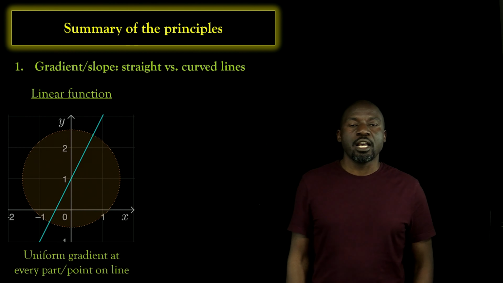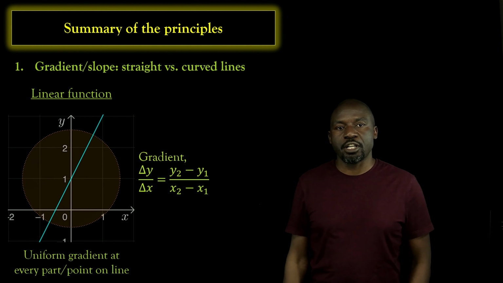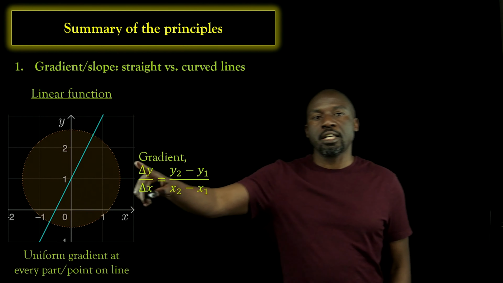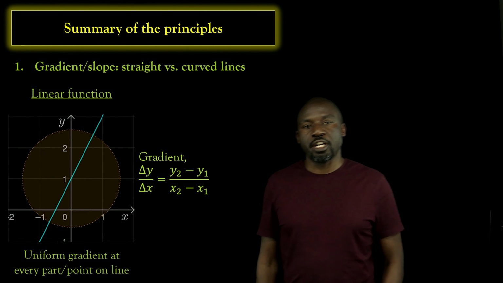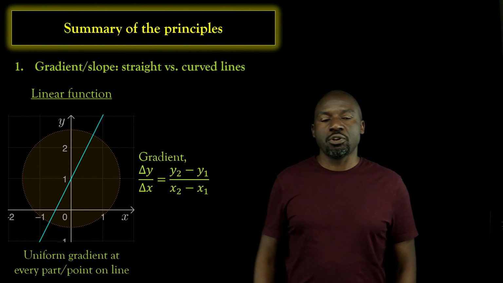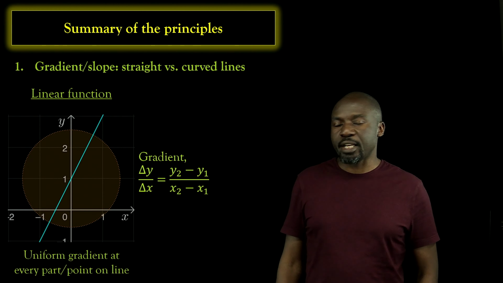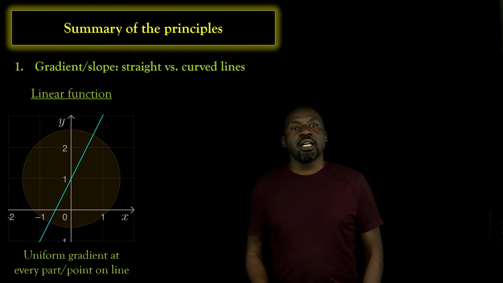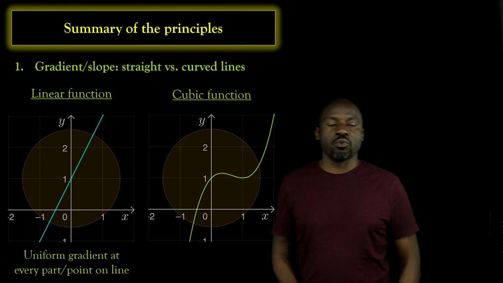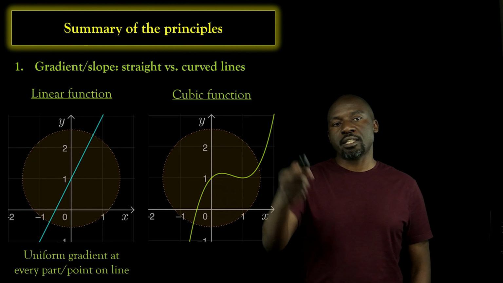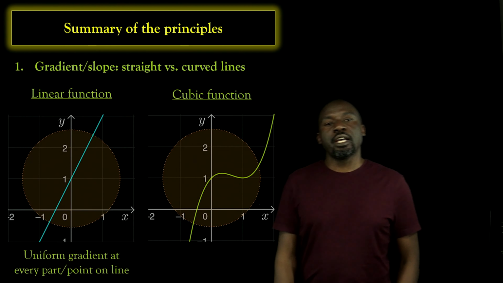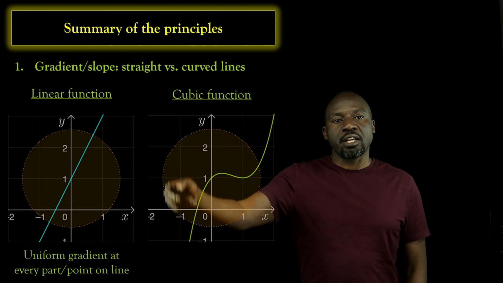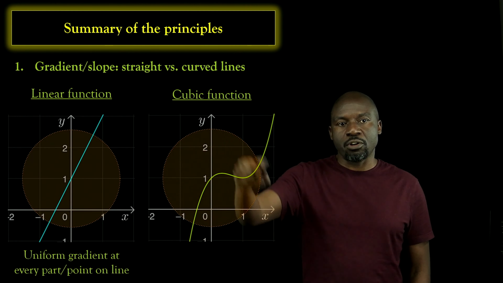To find the gradient of the straight line, it would be the change in y over change in x, which we already know: y2 minus y1 over x2 minus x1. That should not be a big deal. On the other hand, if we had a cubic function, which is a curved line such as this one, then it becomes ridiculous to think about finding the gradient around this circular region.